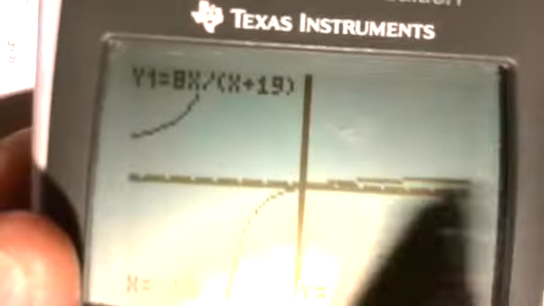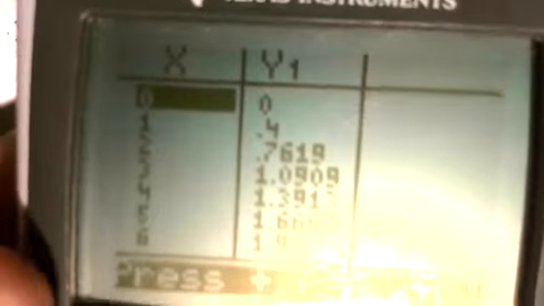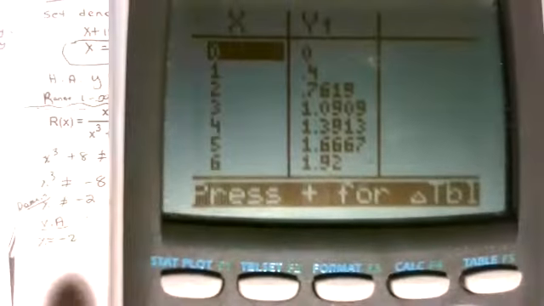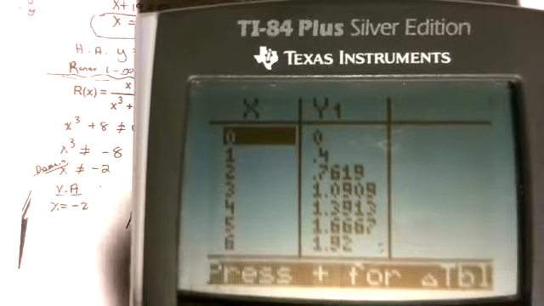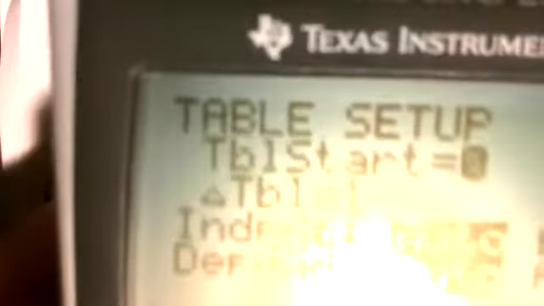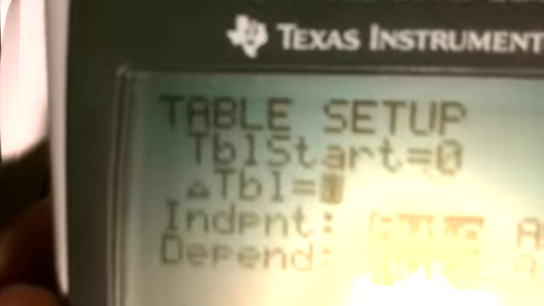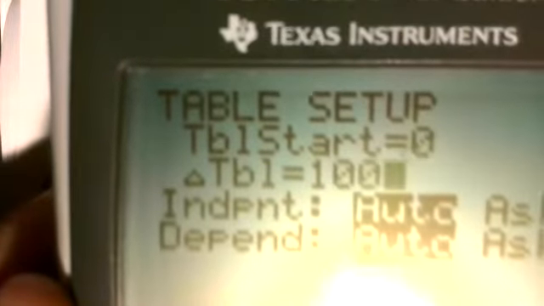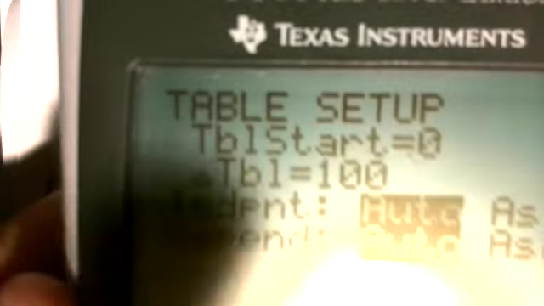Now the horizontal asymptote is what's happening as we're going off this way. Sometimes it might help to look at the table. So if we look at the table here, it's hard to tell until x really gets big. So let's change our table setting and let x get big and go by hundreds just to see what's happening in our table.